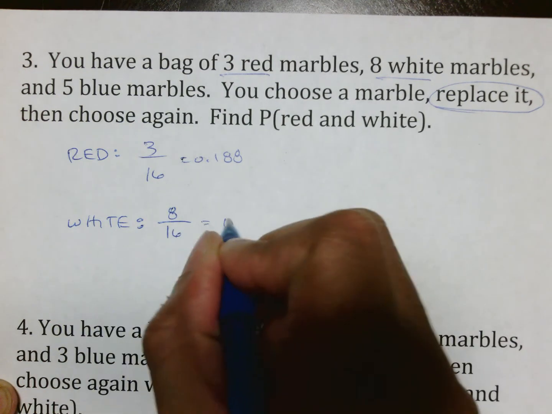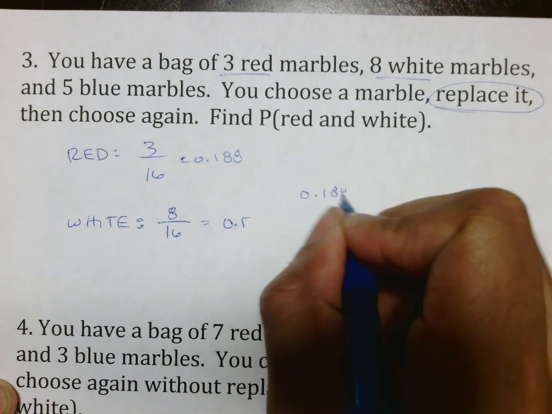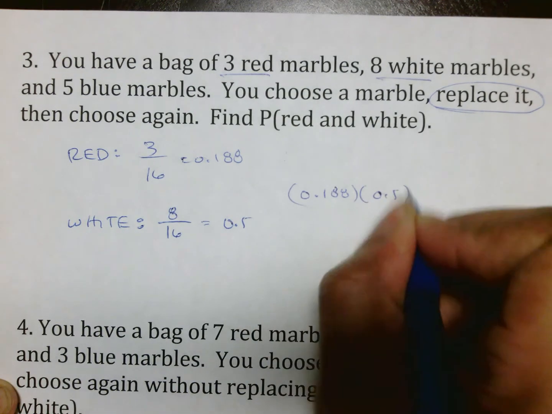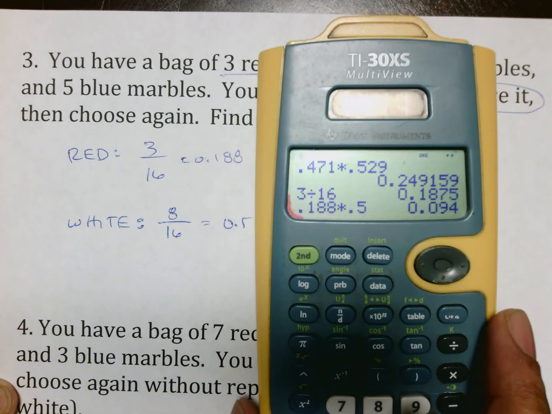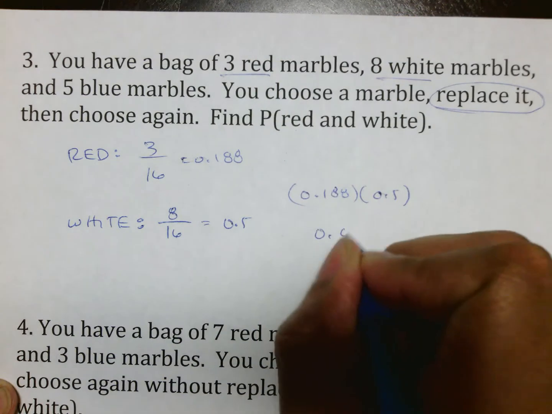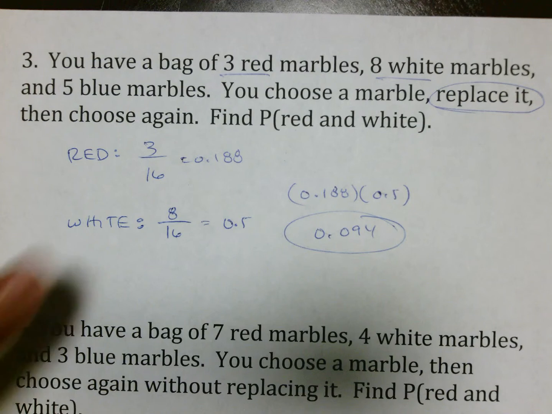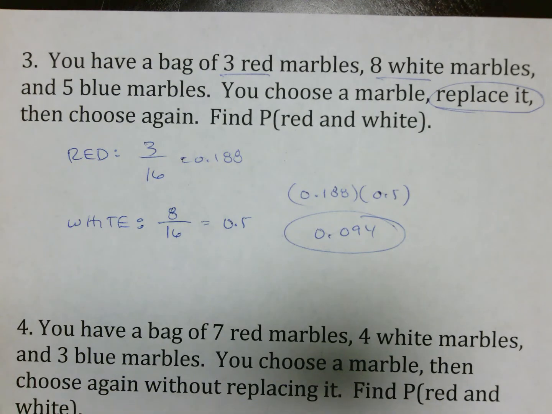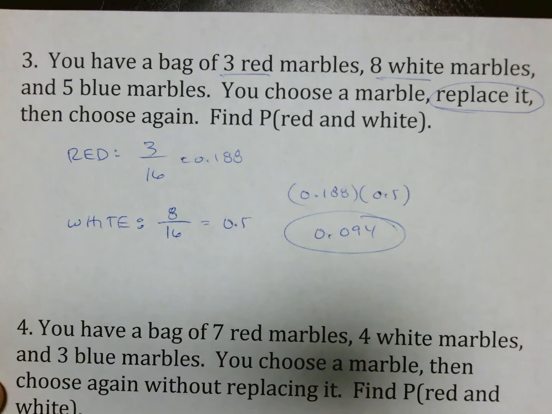We of course should know this is 0.5, and so we do 0.188 times 0.5, and you end up with 0.094. Alright, so again, the difference here, the first selection is your typical probability, but you have to make sure you're careful on your second probability, because if not, you're going to put the wrong number down here, and it does make a difference in your answer there.